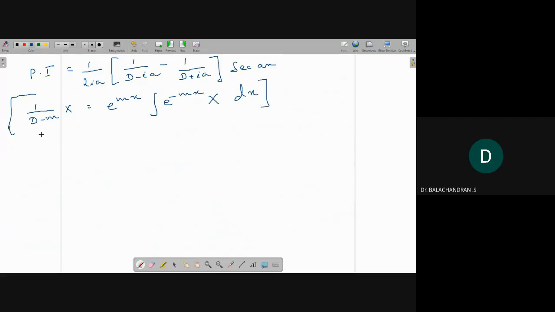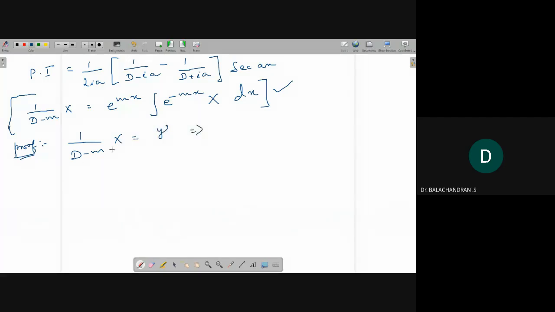How to get this result? The proof I will also give here, but from the examination point of view, the proof is not needed. The only thing you should know is this result. Just so you know the proof: 1 by (D minus m) into capital X is equal to y.